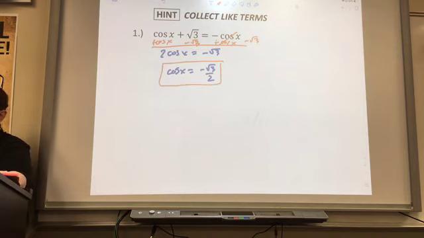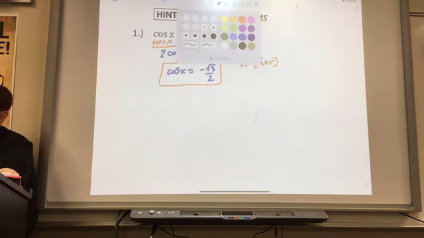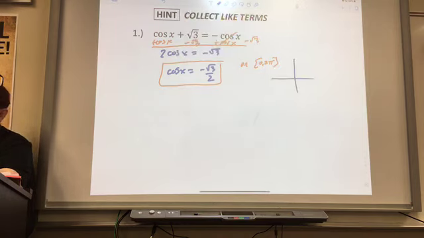Okay, now, I want to tell you guys something. If you are solving this on the interval 0 to 2 pi, you say, first of all, where's cosine negative? On the bottom. ASTC.